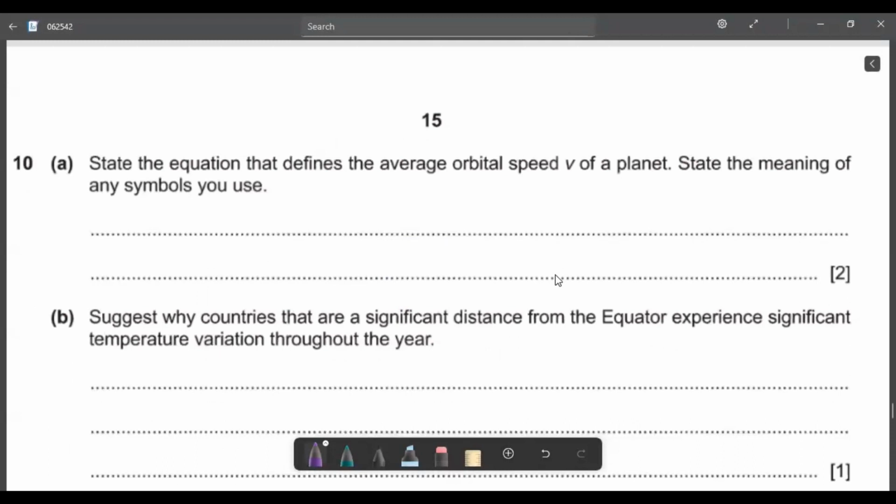State the equation that defines the average orbital speed v of a planet. State the meaning of any symbols you use.